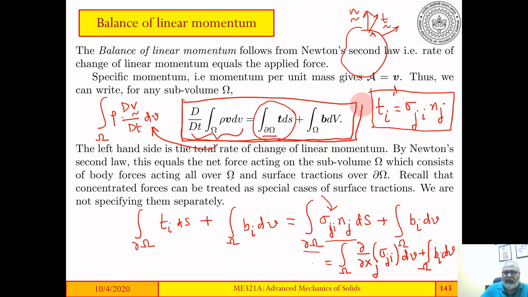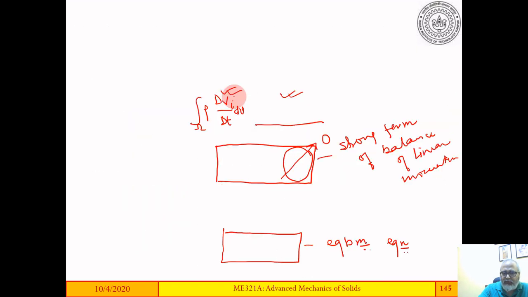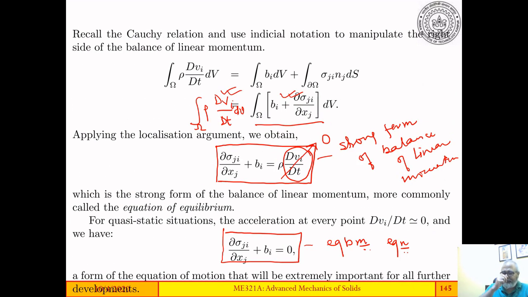This is over any extended volume omega, and applying the localization argument to this, we get the strong form, which is here.